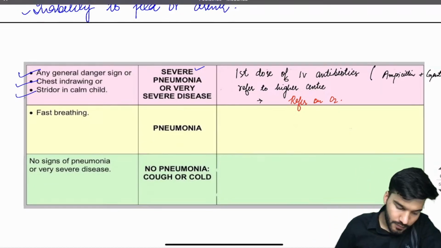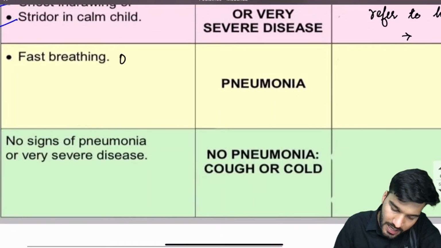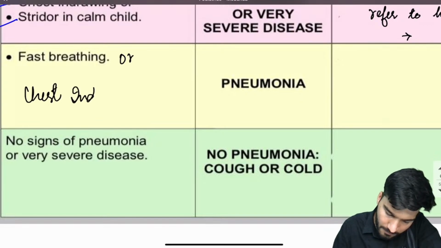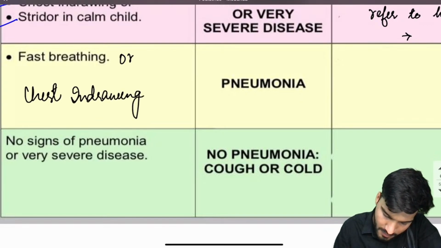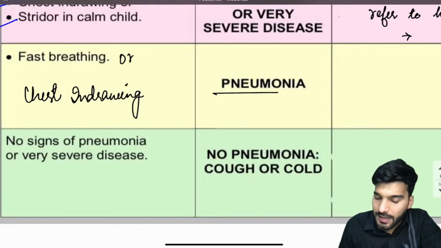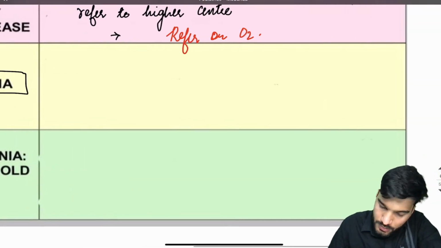Then if a child is having fast breathing or chest indrawing, you categorize it as pneumonia. So what will be the treatment?